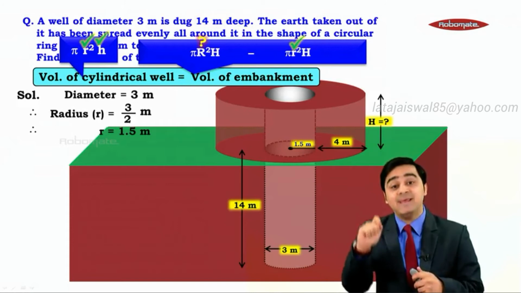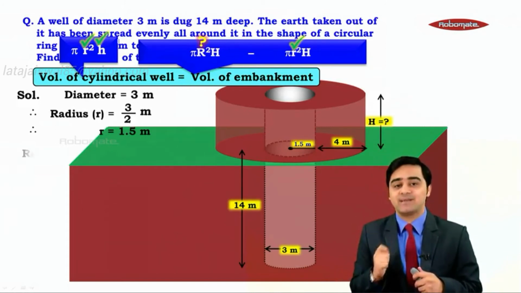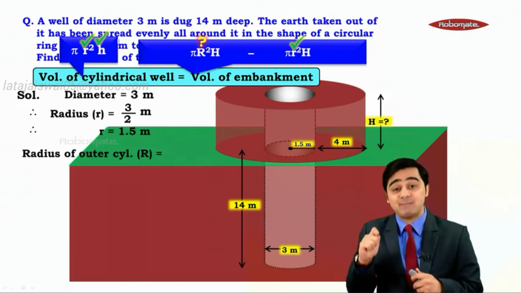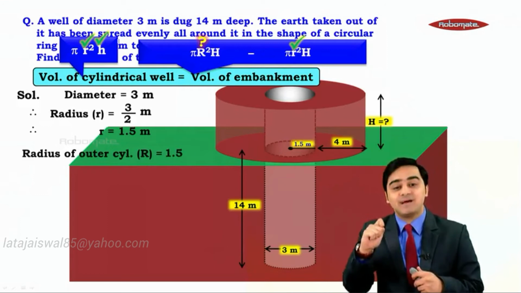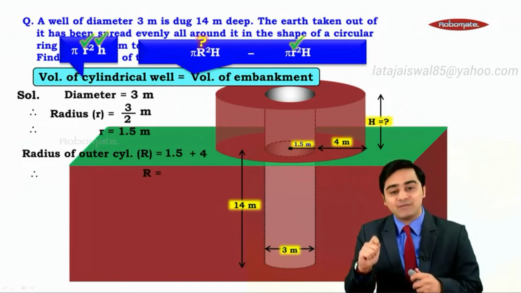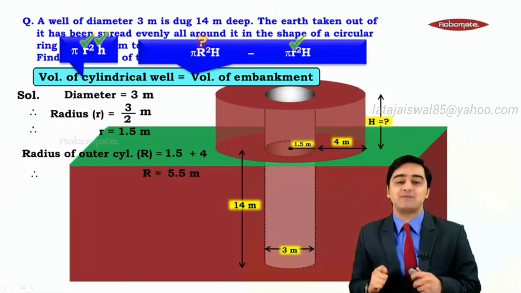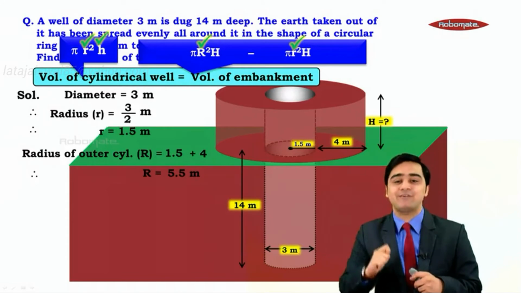Next, now let us find the radius of the outer cylinder for the embankment. We can say that the radius of the outer cylinder, capital R, is equal to 1.5, that is the radius of the inner cylinder, plus, yes, 4 meter, that is the width of the embankment. Now 1.5 plus 4 is equal to 5.5. So we can say therefore the radius of the outer cylinder is 5.5 meter.